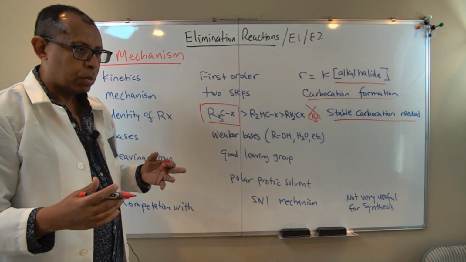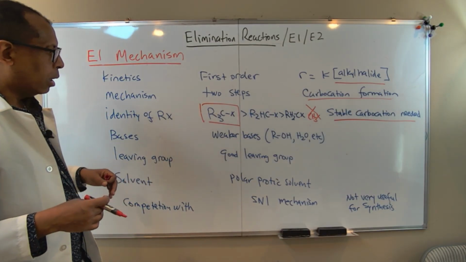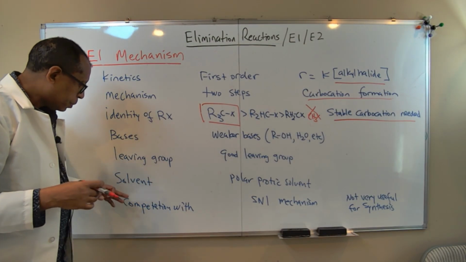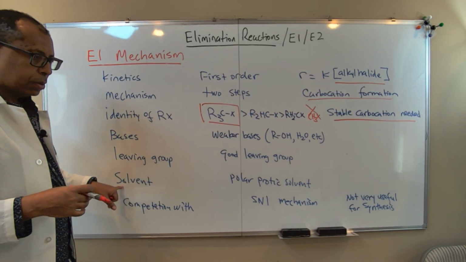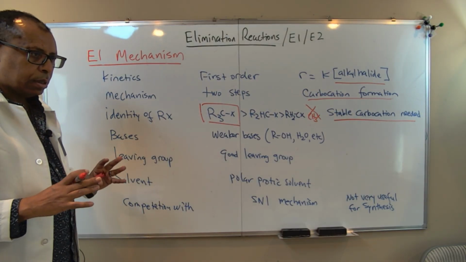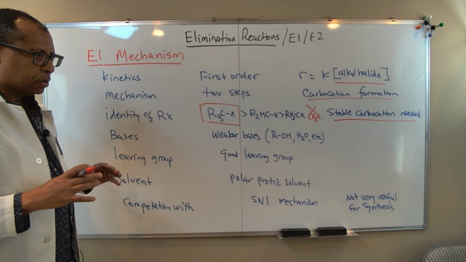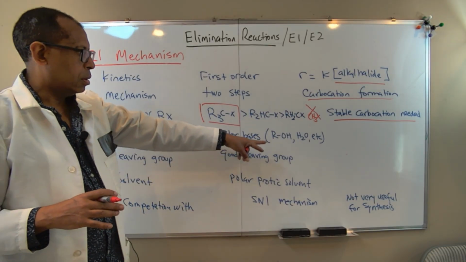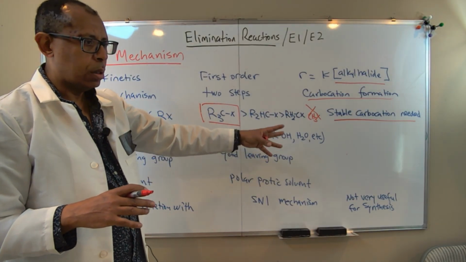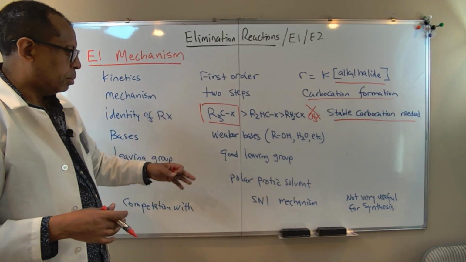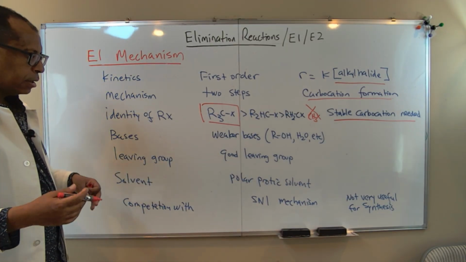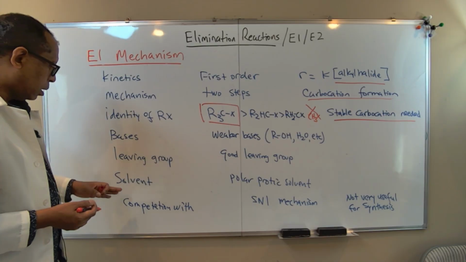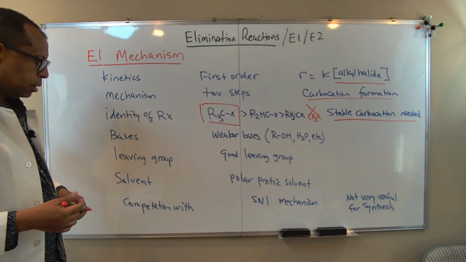So good leaving groups like iodide are important. As far as solvent is concerned, polar protic solvents are required. So those are like alcohols, water, and so on.